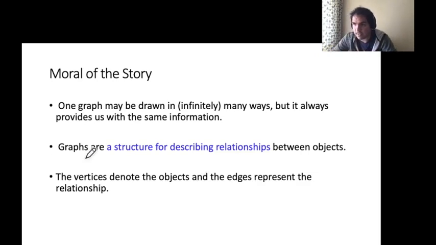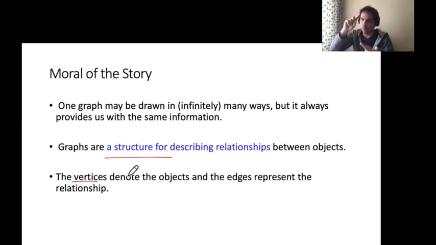The key point here is that this is a data structure that we use in order to describe relationships between objects, and the objects depend on your particular problem. The connections are going to represent the relationship between these two objects. And that particular relationship, well, there are multiple types of relationship.